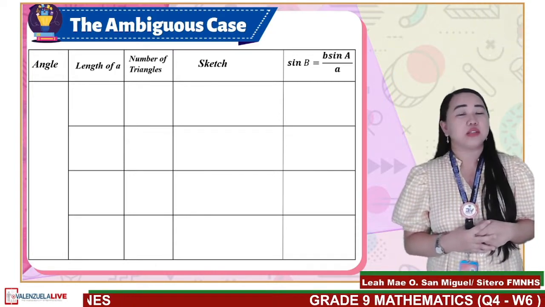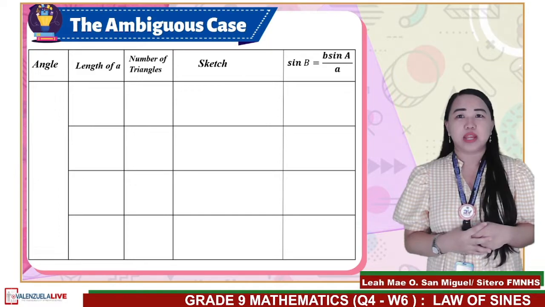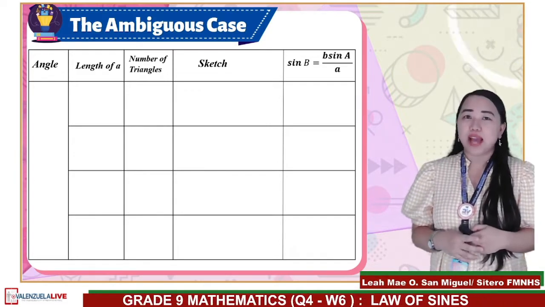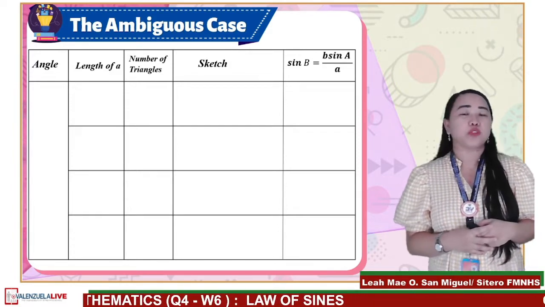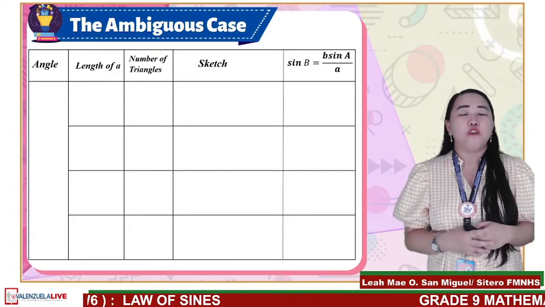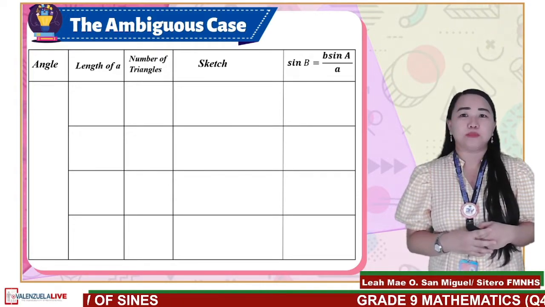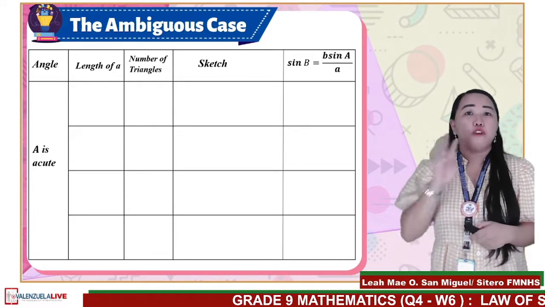It can be 0, 1, or 2 triangles. But if the given angle is an obtuse angle, it is easy to determine the number of triangles, either 0 or 1 triangle.